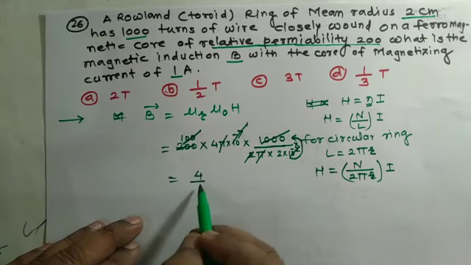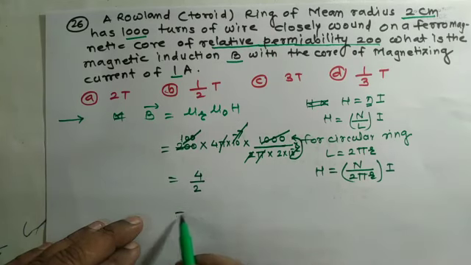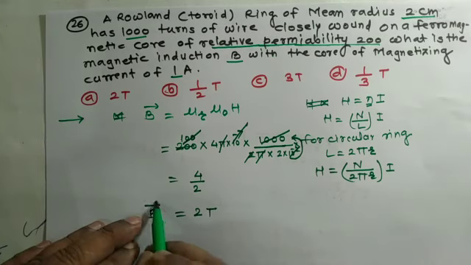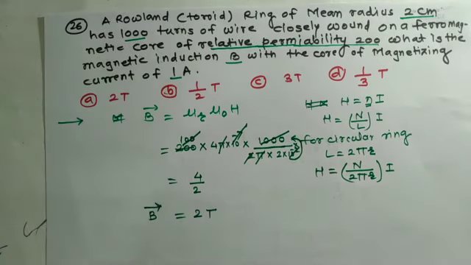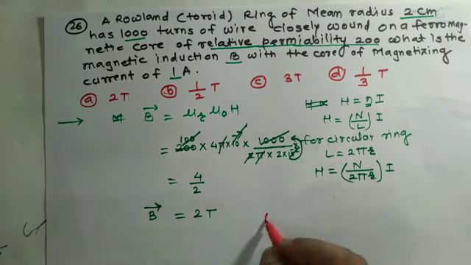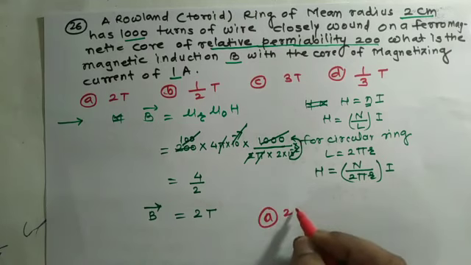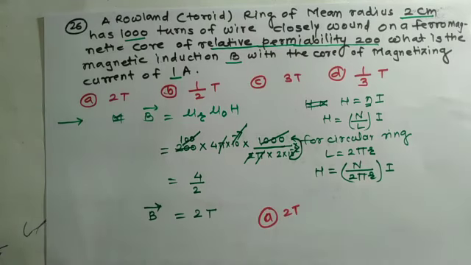Remaining will be 4 upon 2, that is 2. So the magnetic induction will be 2 Tesla. So the answer is option A, 2 Tesla.